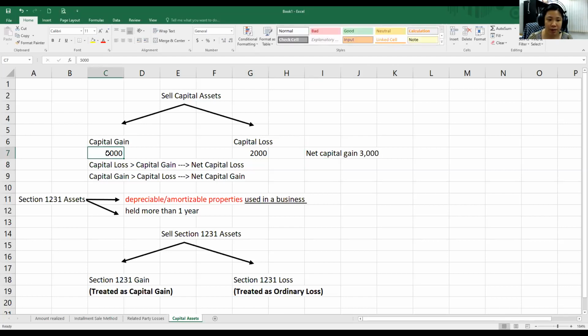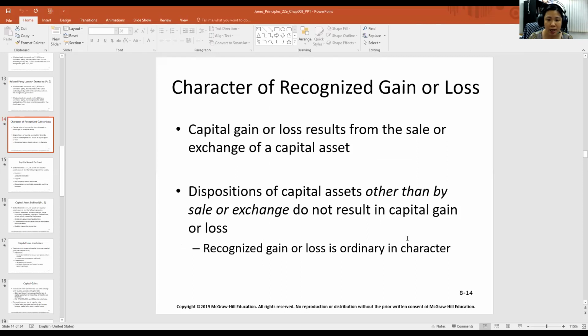Now, if my capital gain becomes 2,000 and capital loss is 5,000, in this case you will have more capital loss than capital gain, and you need to find how much is your net capital loss. Now let's continue with the PowerPoint.